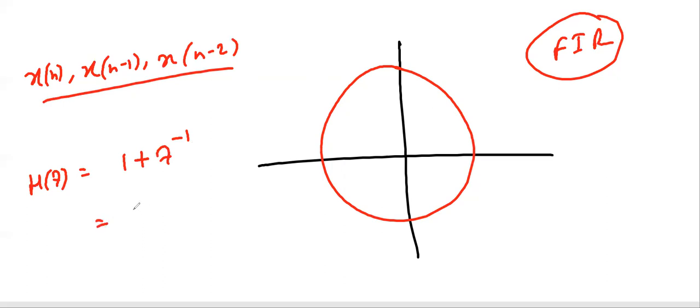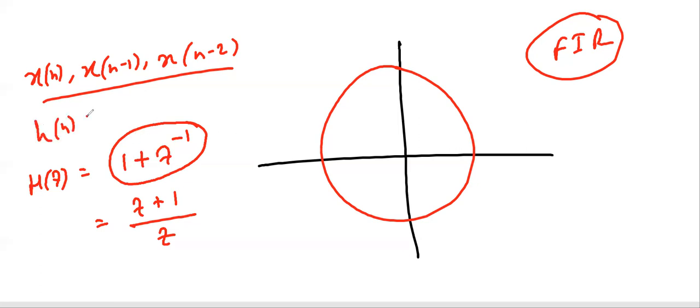If I took the value, I can write z plus 1 divided by z, where the 0 location is, of course, an FIR filter, because if you extend the things, you have two samples, h[n].